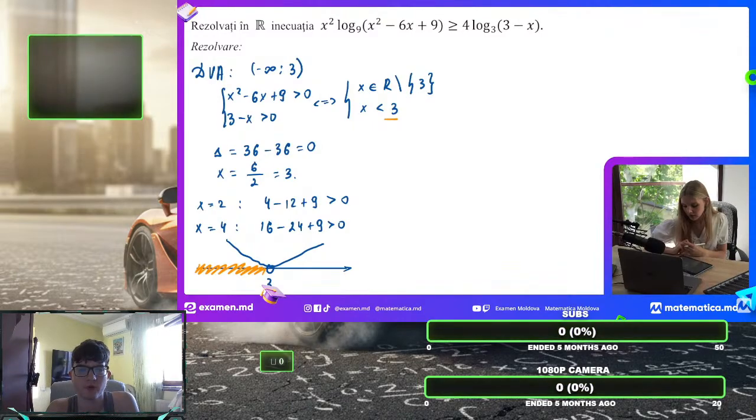Well, first of all, we need to get the same base, right? So 3 on the right, the 9 on the left. On the log base, I can write it down as 3 to the power of 2. Yeah, that is correct. And then that 2 goes up front, I guess, with a 2x power of 2, stuff like that.